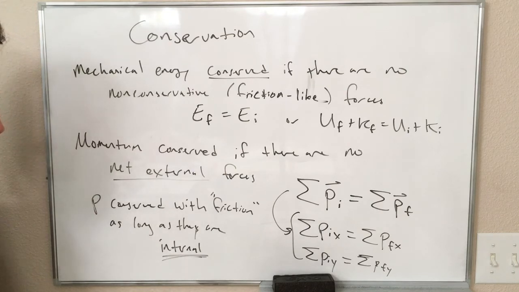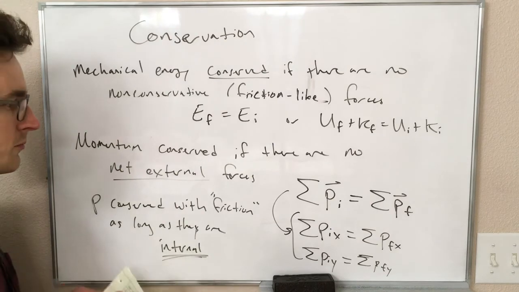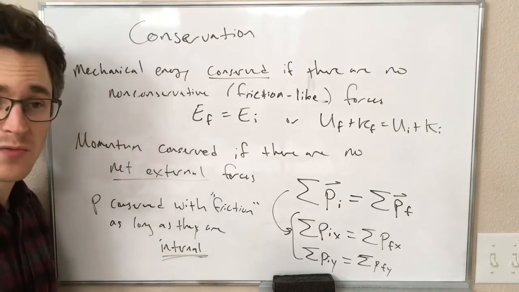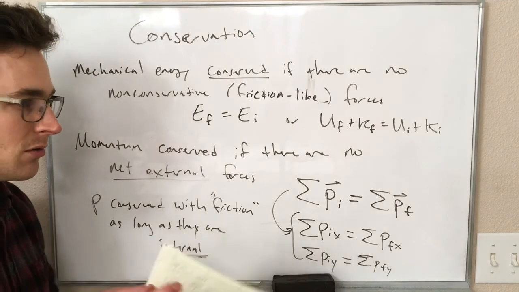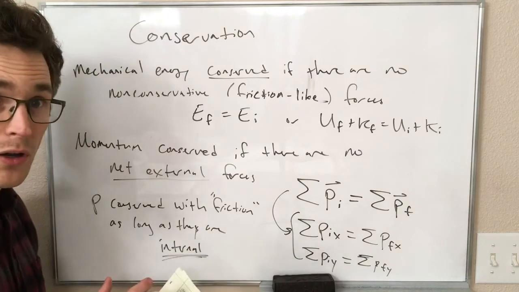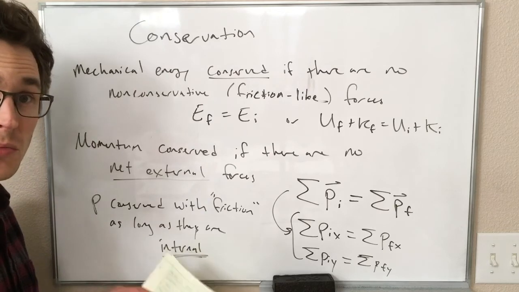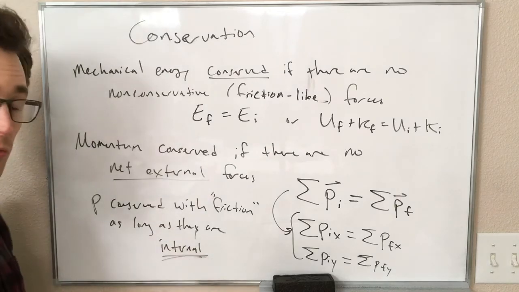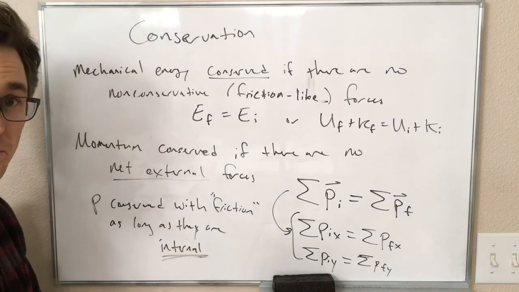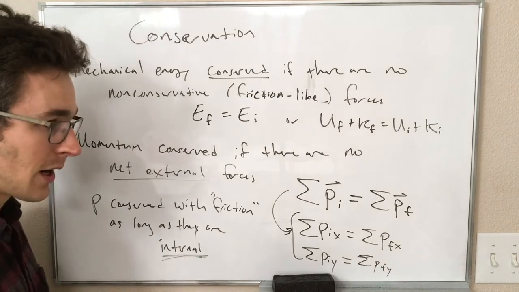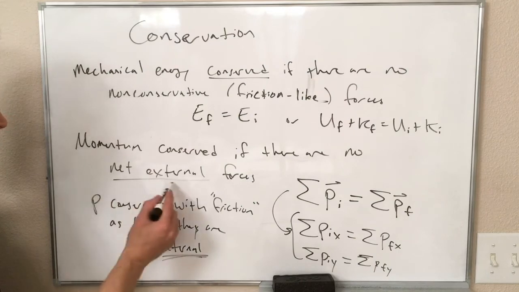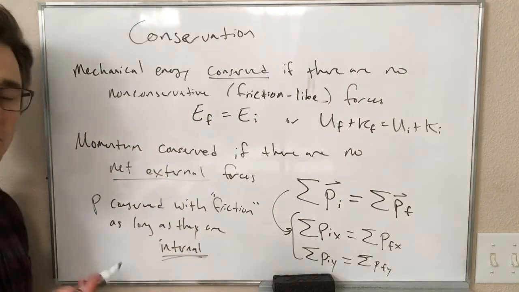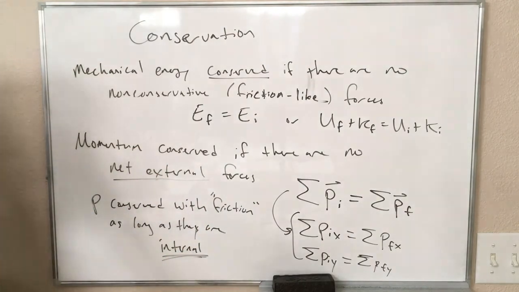So if we're looking at the momentum of two balls, for example, like we just had, they can have friction rubbing against each other as long as they are both parts of our system, because that force is an internal force. It's between two parts of our system. If those balls are rubbing on the ground, well, then that force is external, and we have an external force, and so momentum might not be conserved.